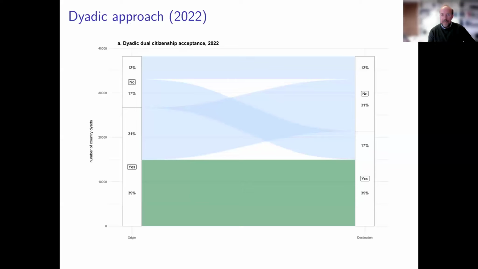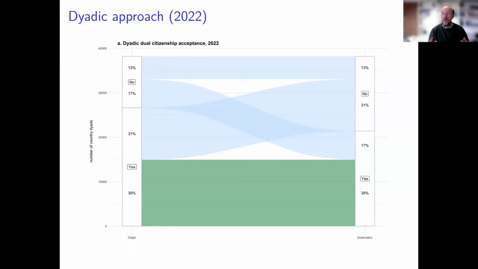Then we go to the dyadic part, where we combine these rules on origin country restrictions, so the loss provisions, and the destination country provisions, so the requirement to renounce your previous citizenship as a precondition for the acquisition of citizenship. And I'll show you a couple of graphs here, right? On the left hand, we see origin country restrictions. On the right hand, we see destination country restrictions.